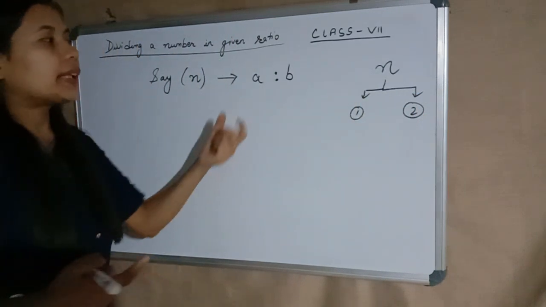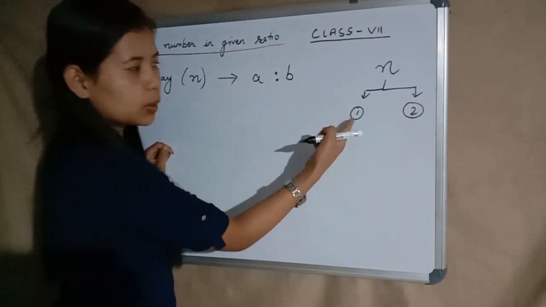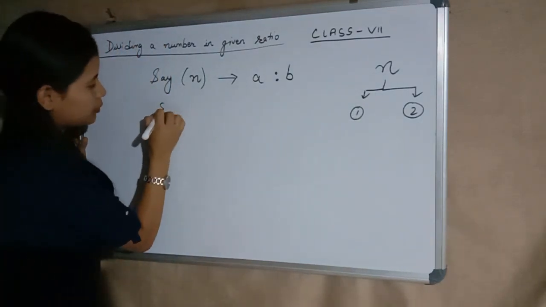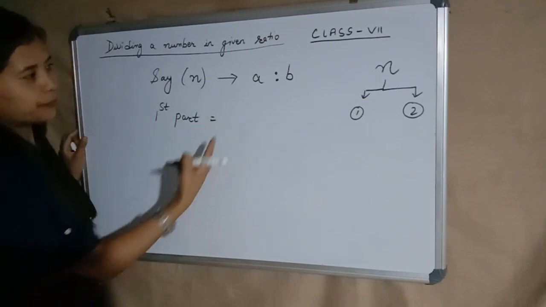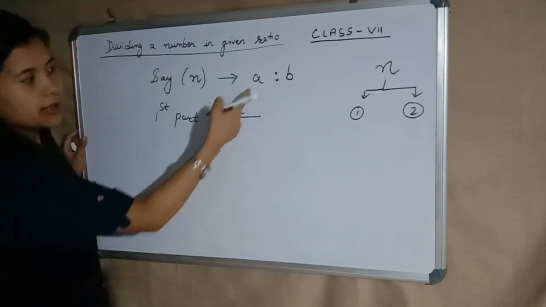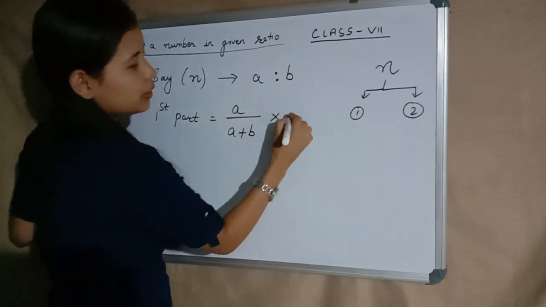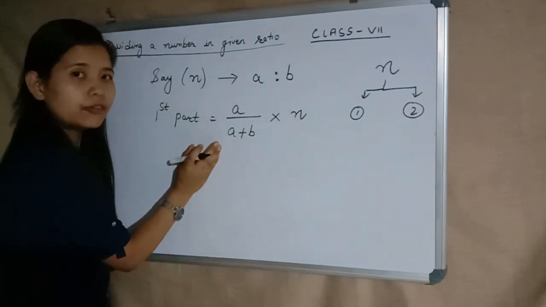The first part will be equal to the first ratio a divided by the sum of the ratio, that is a plus b, into n, the original number. So this is a general formula.